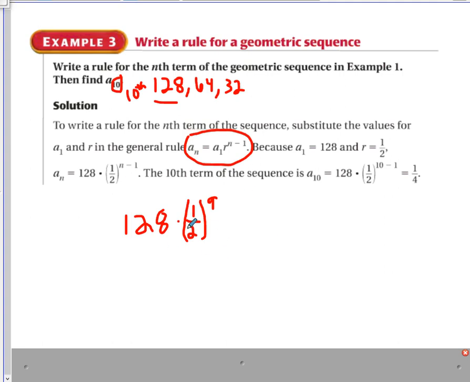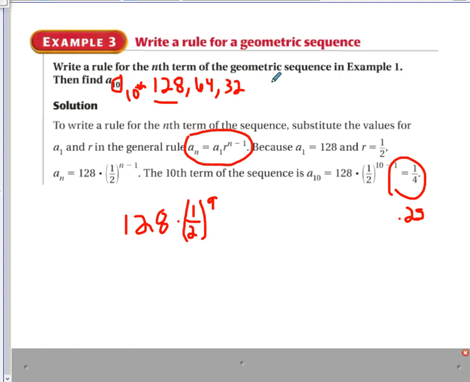So you would do 1/2 to the 9th power, then multiply that by 128, and you should get 1/4, which I would highly recommend you try. It'll come out as 0.25 on the calculator, unless you have one of those fancy calculators that keeps everything in fractions. So 0.25 would be my 10th term in the sequence.